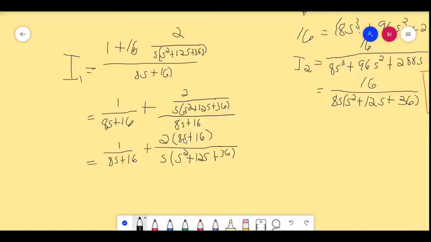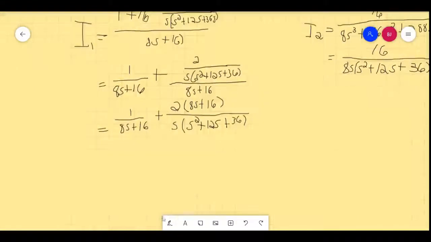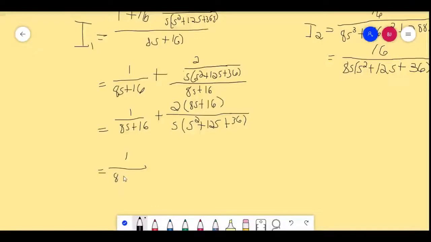Now you can have this distributed, then we can have them expanded. Let's try doing that. So this is still 1 over 8s plus 16. Then we have the 2 here. 2 times 8s is 16s.